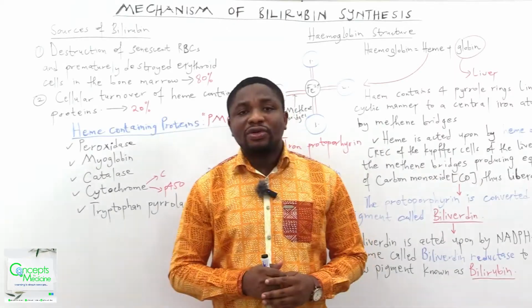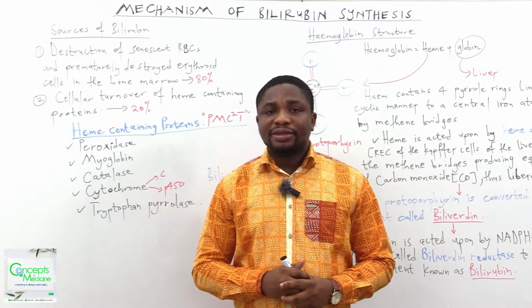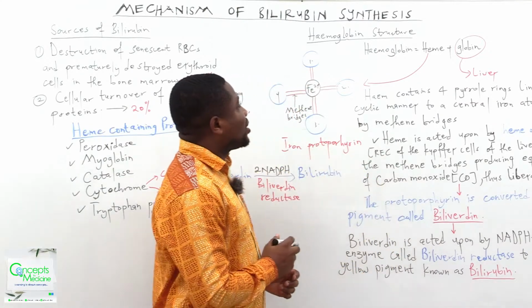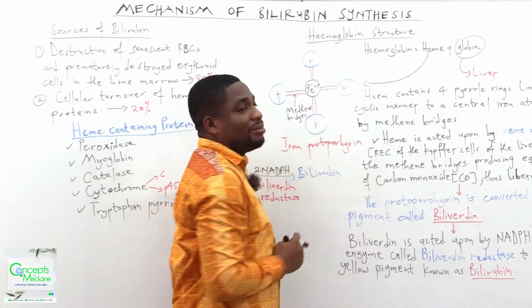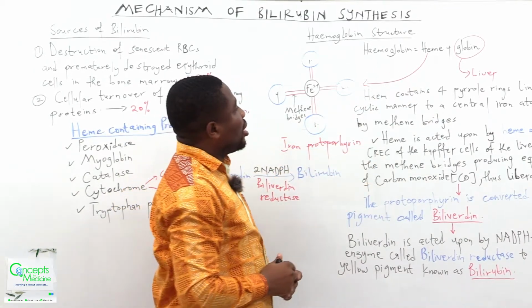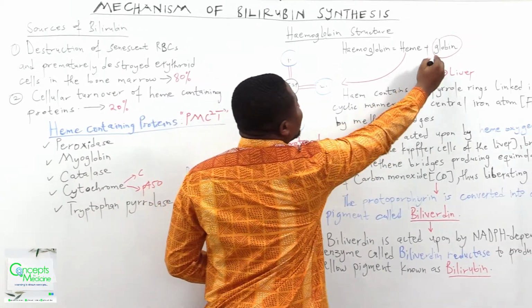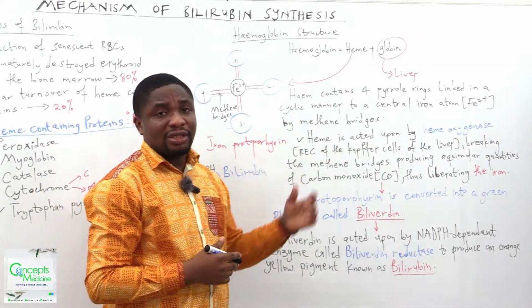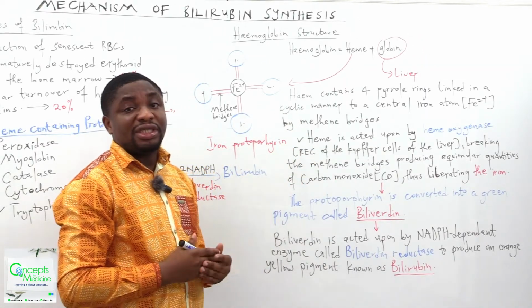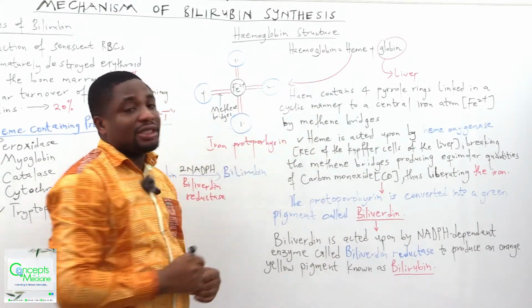Alright, let's move on and look at how the synthesis of bilirubin takes place. First of all, you should know that hemoglobin is made up of heme and globin. When hemoglobin is broken down, the globin is sent back to the liver because it's a protein, so that the liver can use it in the process of protein synthesis. The heme will go into the bilirubin synthesis pathway.